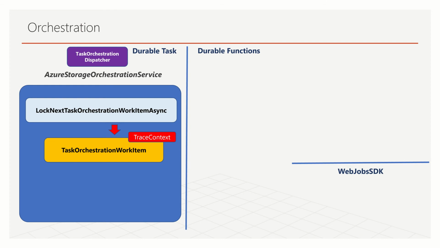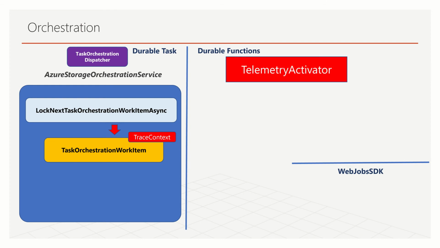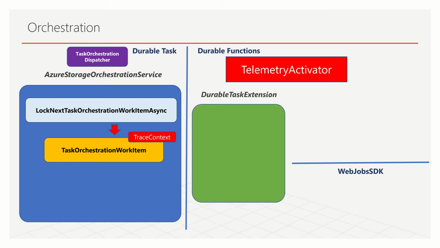Then this task orchestration dispatcher dispatches to the durable function side. Before the dispatch, the durable functions already created a telemetry initializer and a telemetry activator. Then the durable task extension is executed by the orchestration dispatcher, especially this part, the orchestration middleware method.